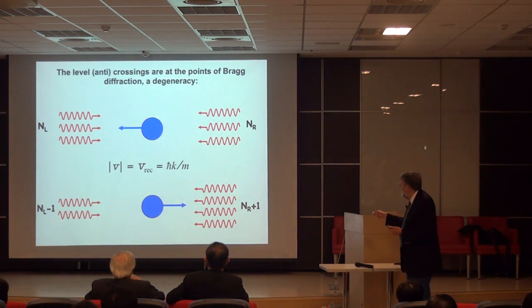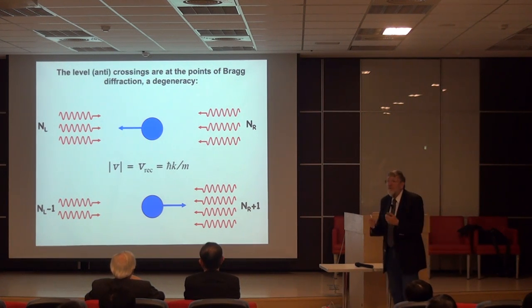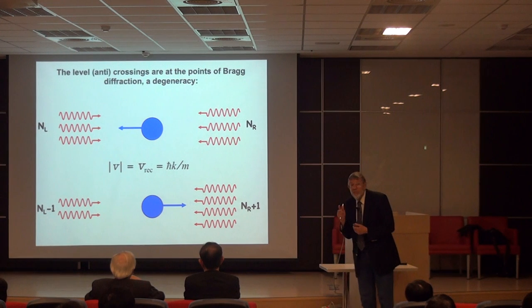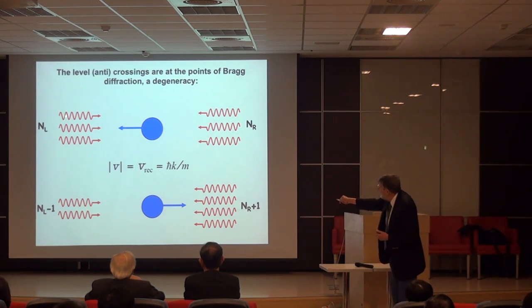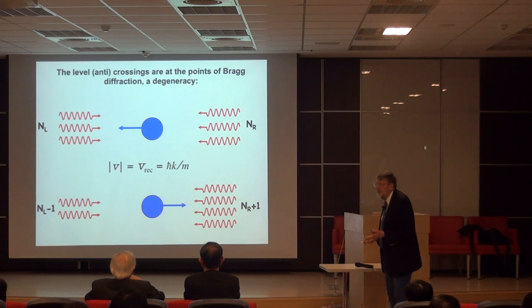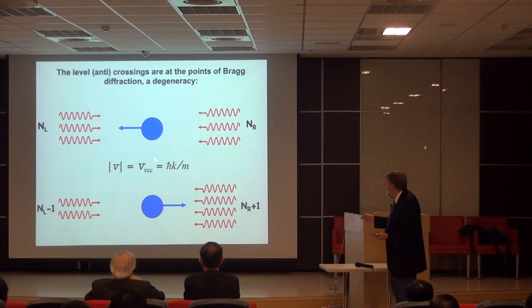If I have a particle moving in this standing wave, which creates the periodic potential, at a velocity that corresponds to one photon momentum, which puts it at the Brillouin zone boundary, then it can absorb a photon from this laser beam and be stimulated to emit a photon into this laser beam, and it will reverse its velocity, because each of those laser beams gives one photon momentum, and it's now going to change its momentum by two photon momentum, so it's going the other way.